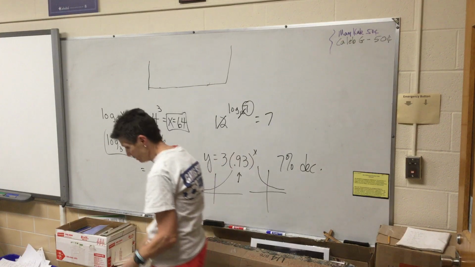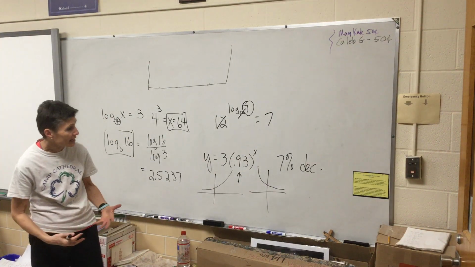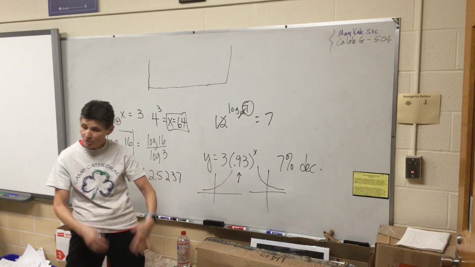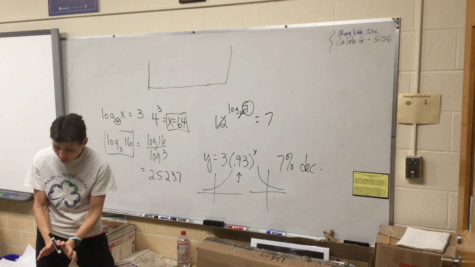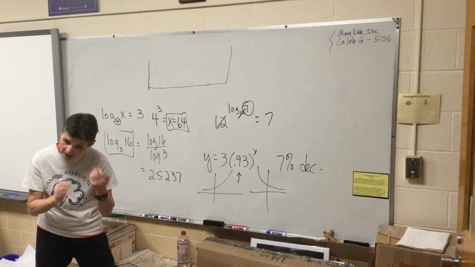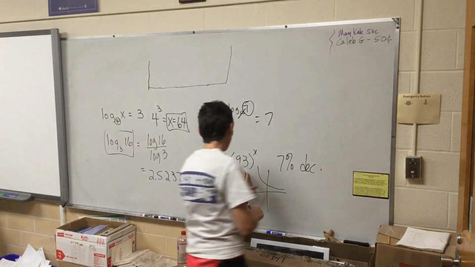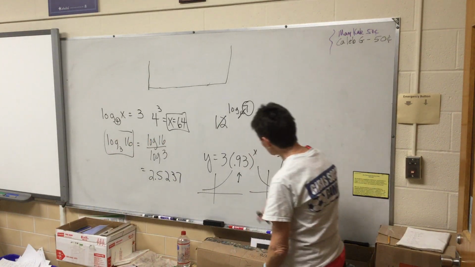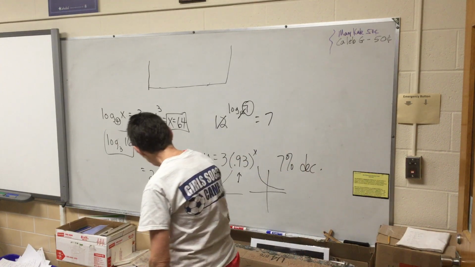Because remember, to figure out if it's growth or decay, you look at this number. It's either bigger than 1 or less than 1. The amount that it's bigger than 1 is the growth. The amount that it's less than 1 is the decay. So this is 0.07 less than 1, so that represents a 7% decay.